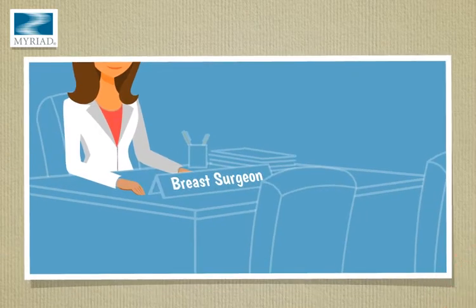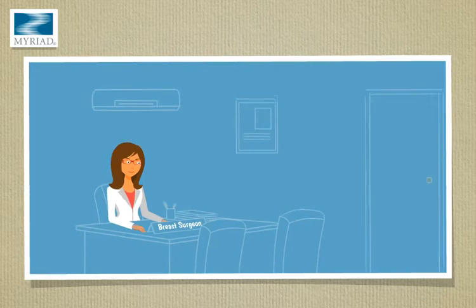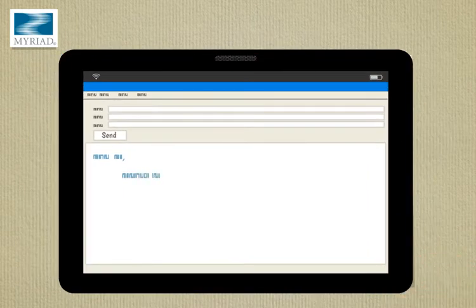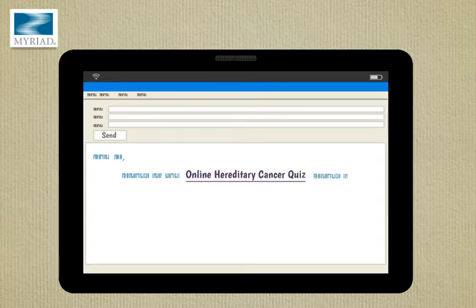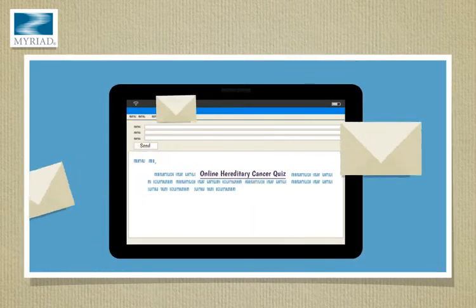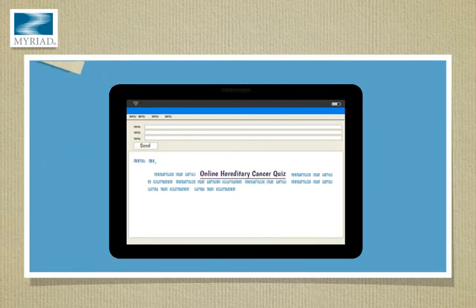Let us look at another example. This doctor is a leading breast surgeon who is part of the Comprehensive Breast Center. She and her center began using the hereditary cancer quiz to identify patients at risk for hereditary cancer in December of 2013. They began by emailing the quiz to the entire patient base and adding the quiz to their website.